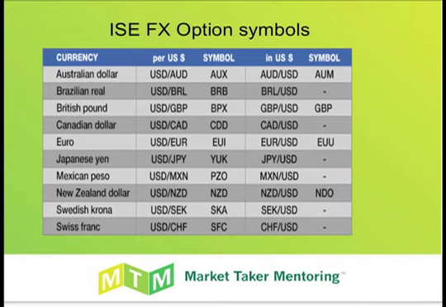So either way, you could trade them like the spot, as the Australian dollar, US dollar, or you can trade it dollar-based, US dollar, Australian dollar. You just need to remember the symbol. So AUX would be dollar-based, and the spot currency convention would be AUM. Similar for BPX and GBP for British pound. EUI, dollar-based, EUU would be the spot currency convention, and similar for New Zealand dollar.